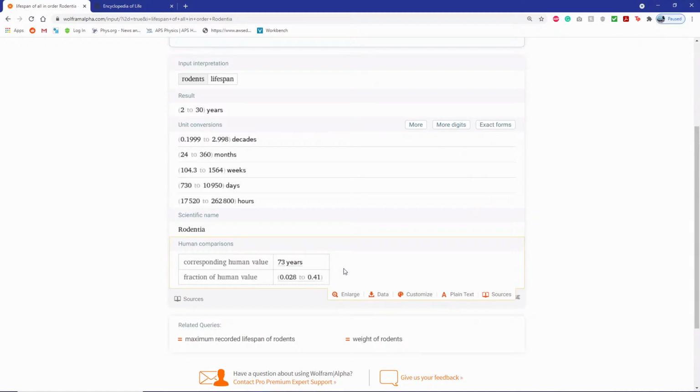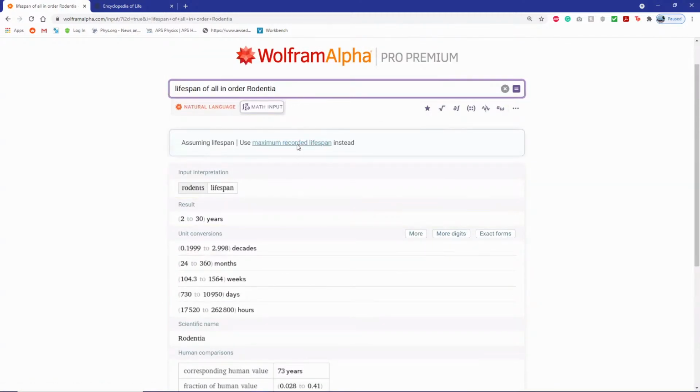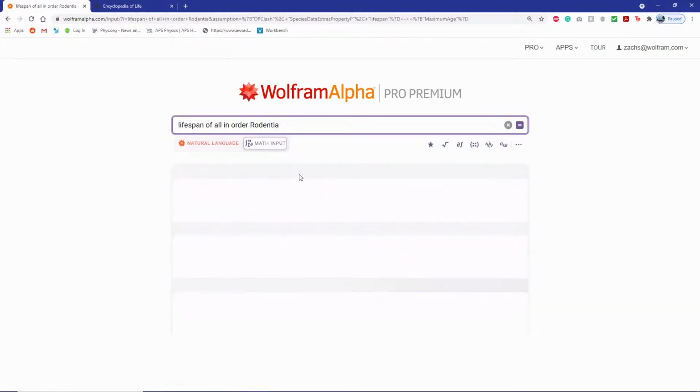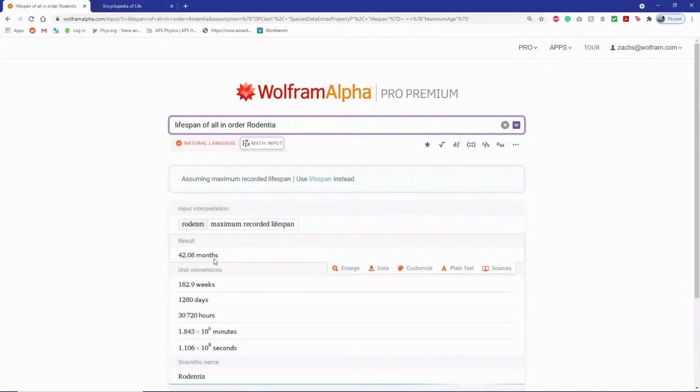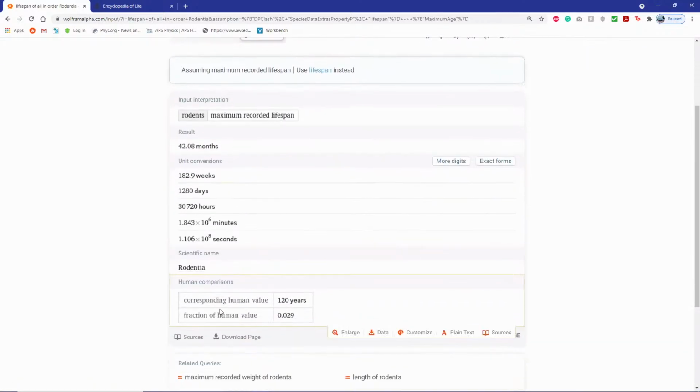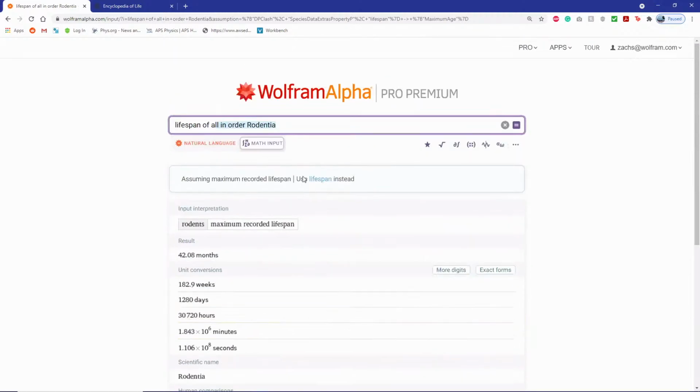One rodent year is approximately, hmm, I don't know, some amount. We can look at the maximum recorded lifespan of a rodent, which was 42 months. Wow, it's an old rodent. He was 120. But yeah, you can look up things like that.